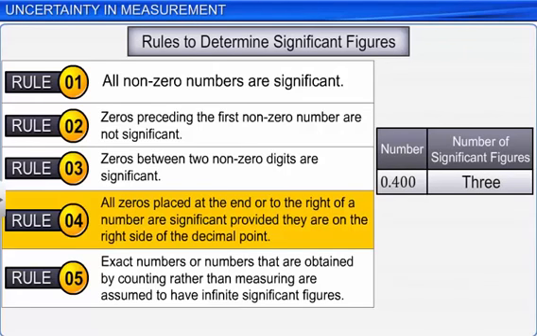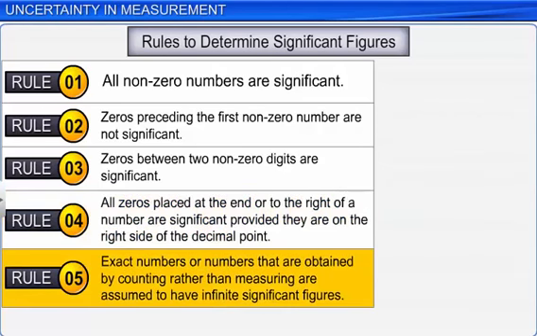Therefore, 0.400 has 3 significant figures. However, terminal zeros are not significant if there is no decimal point. For example, 100 has only 1 significant figure.